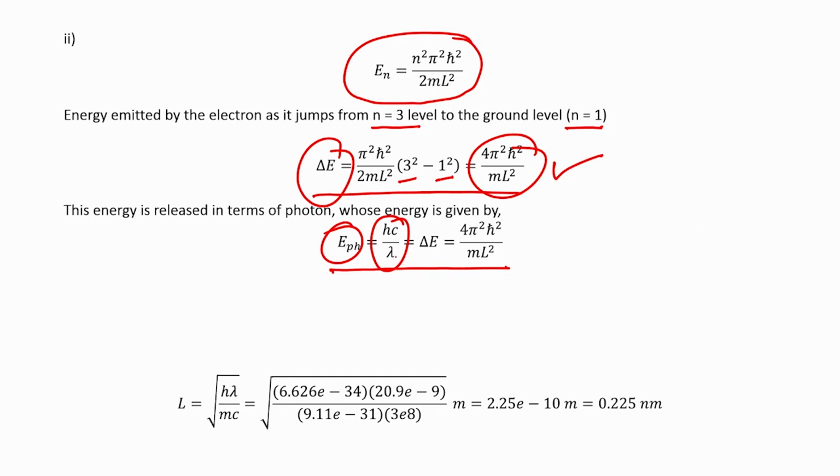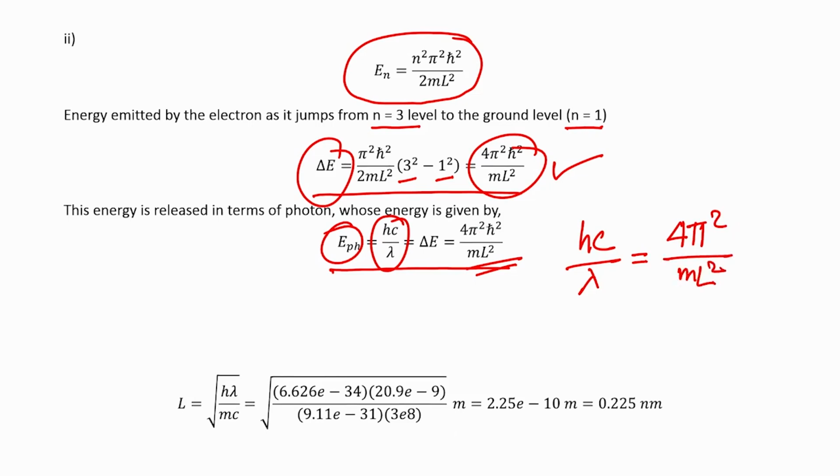So, hc by lambda should be equal to 4 pi square h cut square by m L square. So, let us just do some simple algebra here. hc by lambda is equal to 4 pi square by m L square.